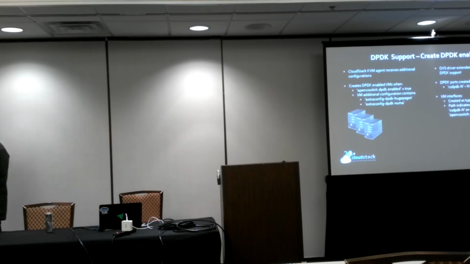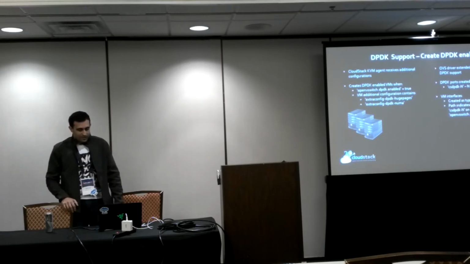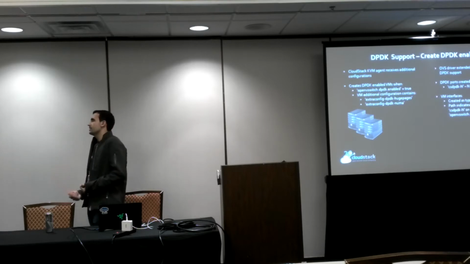So yeah, the way that CloudStack is creating these ports is using a prefix, the CS DPDK. Those are created with the DPDK support, so you can have that improvement.